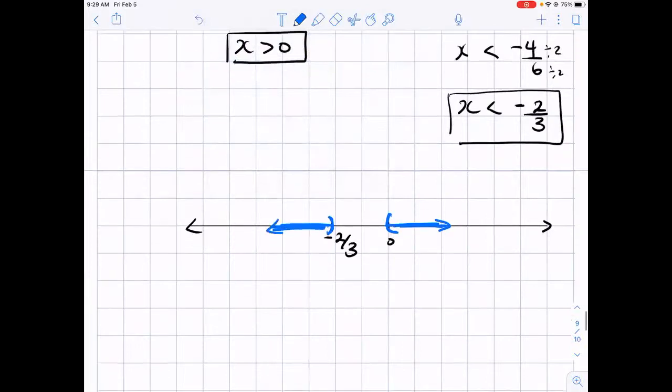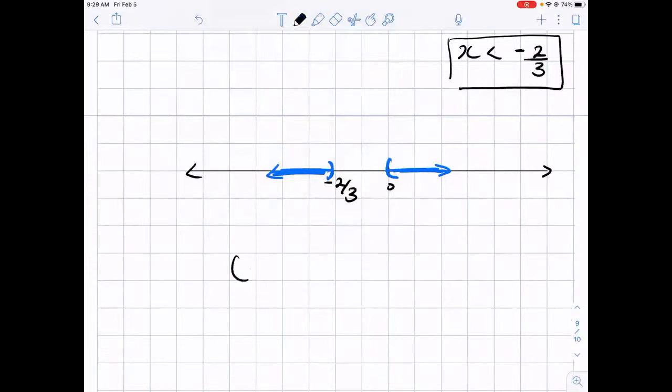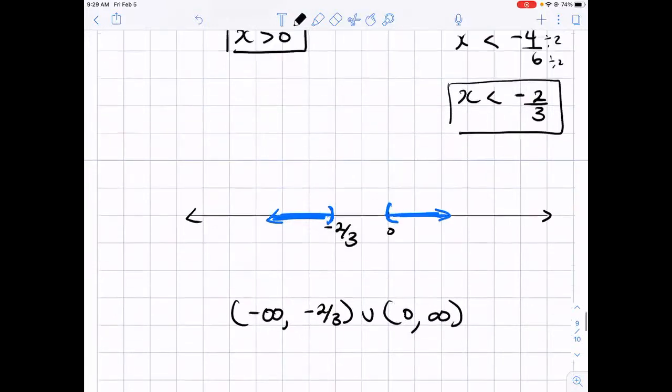So our interval notation will be from minus infinity to negative 2/3, union from 0 to infinity.